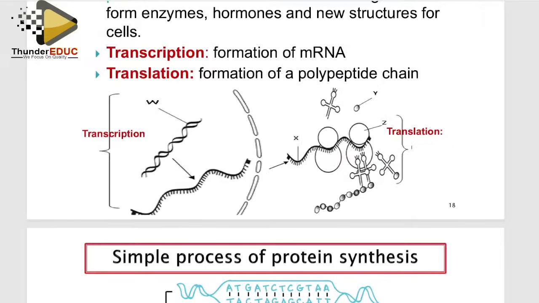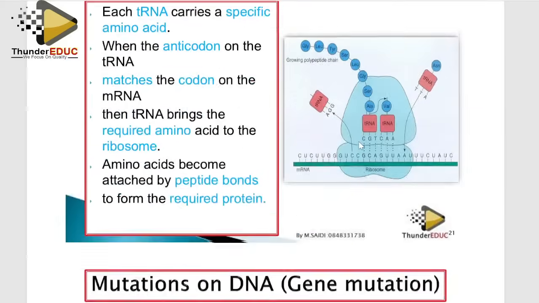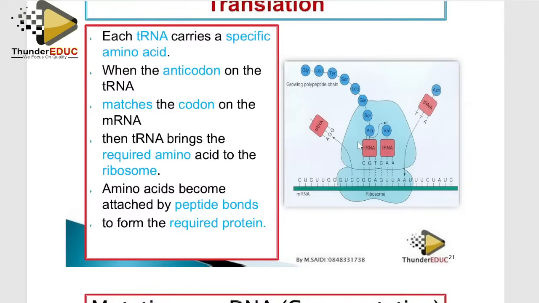Let me show you. Each transfer RNA carries a specific amino acid when the anticodon on tRNA matches with the codon on messenger RNA. You see? So basically that is it.